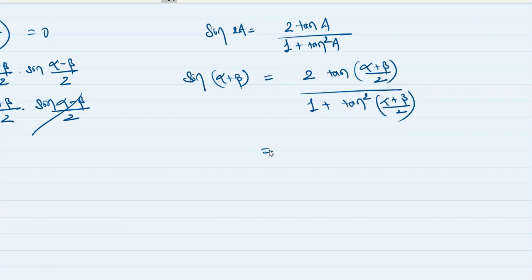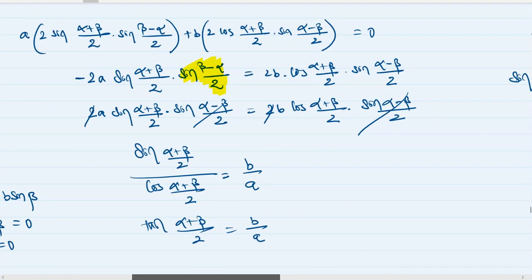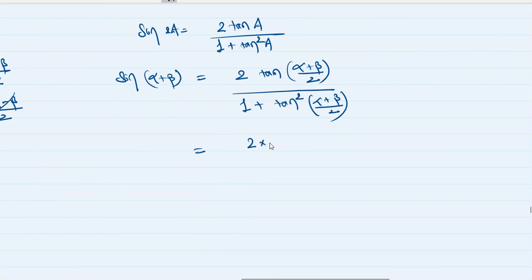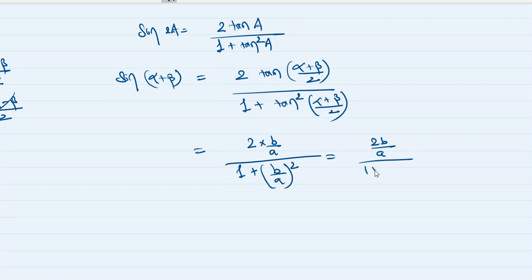Okay. What is tan((alpha plus beta) by 2)? We just found out 2 minutes ago. Tan((alpha plus beta) by 2) is B by A. So 2 times B by A the whole upon 1 plus tan square((alpha plus beta) by 2), that is (B by A) the whole square. That is 2B by A the whole upon 1 plus B square by A square.